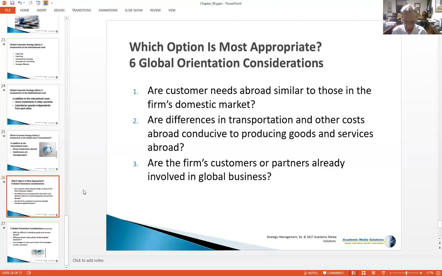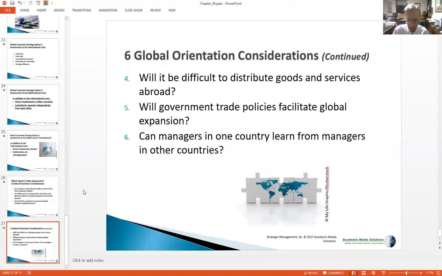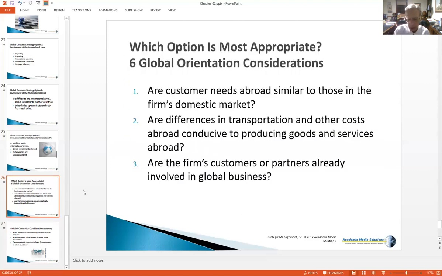Are the firm's customers or partners already involved in global business? Because if they are, they'll be easier for you to work with if you're global. I might add that this is a big consideration in the auto industry.